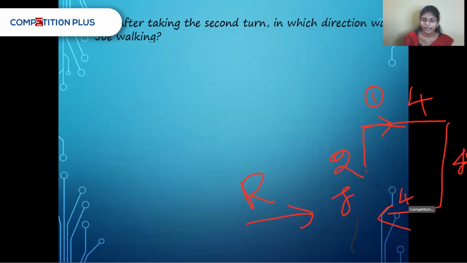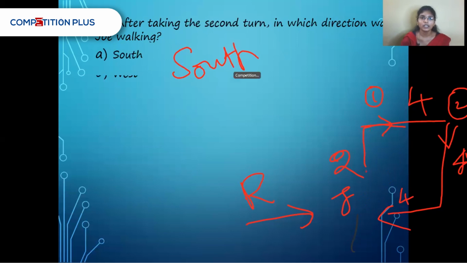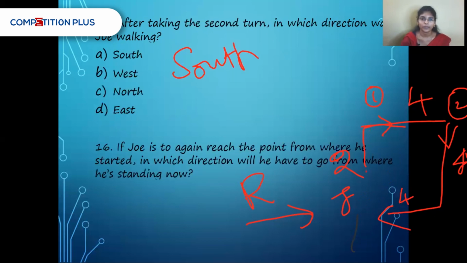So this is his second turn. I'm marking it with a circle so the indication does not confuse you. So in the second turn, he is moving towards the south. So the correct answer is south, option A.